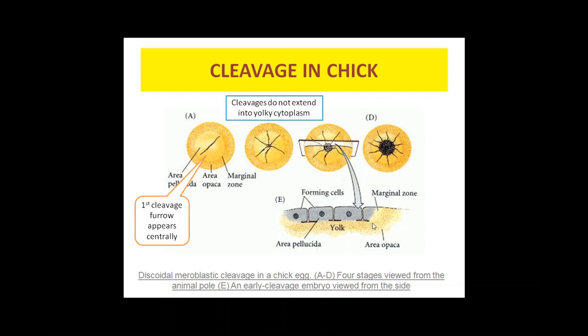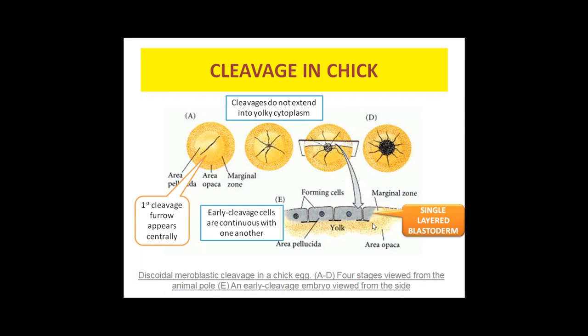Cleavages do not extend into the yolky cytoplasm, so they occur only superficially, and because of this, the early cleavage cells are continuous to one another and have large amount of yolk underside them. This results in the formation of single-layered blastoderm. As shown in the E part of the figure, where an early cleavage embryo is shown from the side, that is mid-sagittal section.